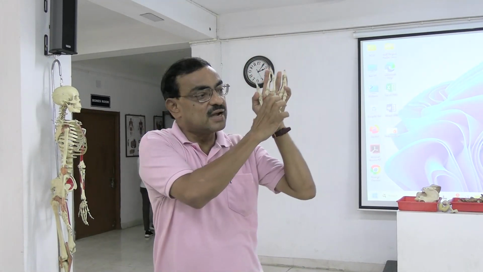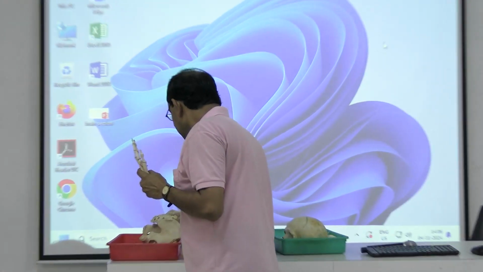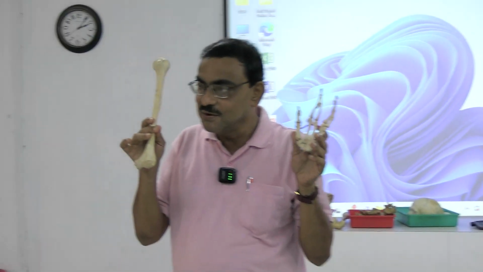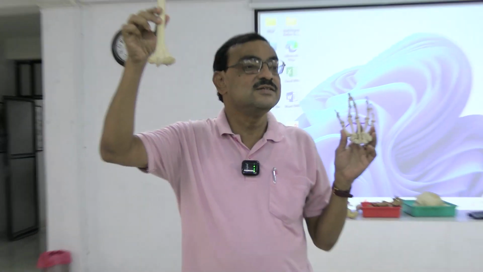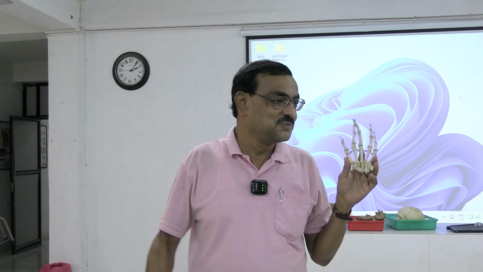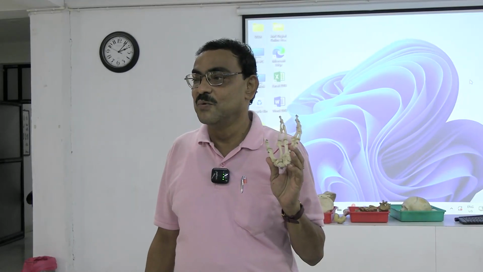These metacarpal bones are also long bones, but definitely there is a difference between this long bone and this long bone. This one is called long bone, and this is called short long bone.